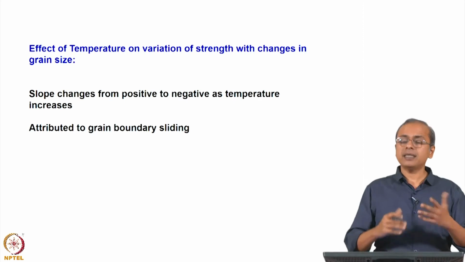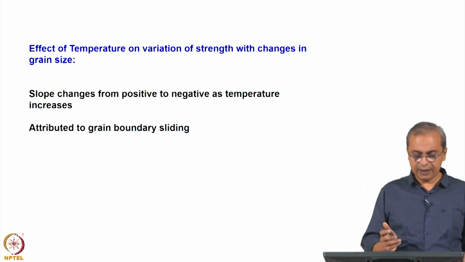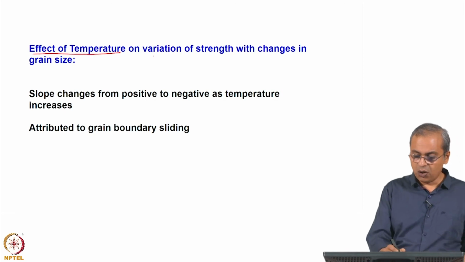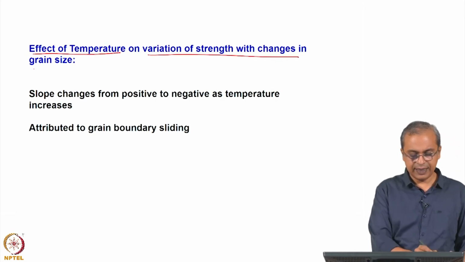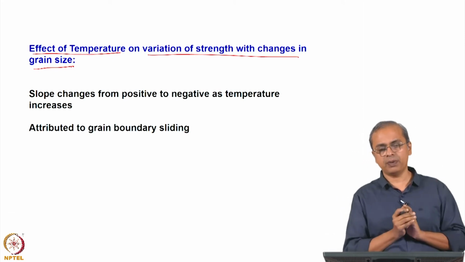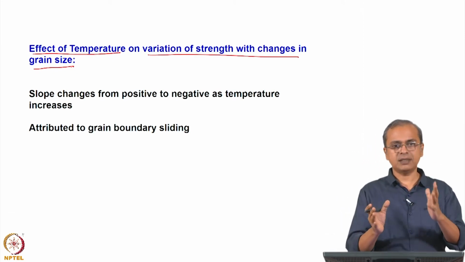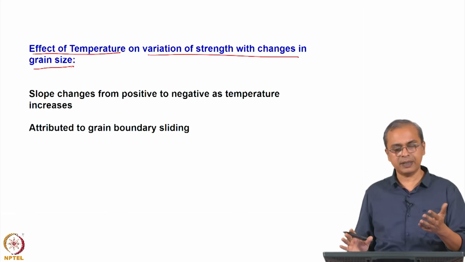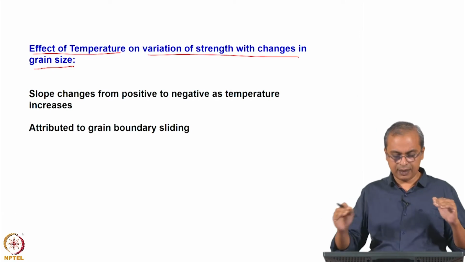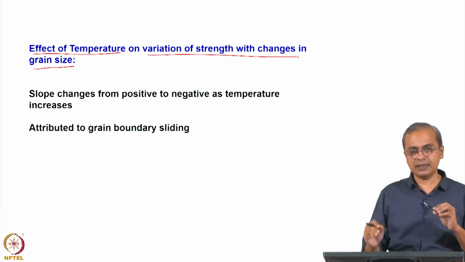Now, look at another variation, which people have also studied: the effect of temperature on the variation of strength with changes in grain size. Whereas previously we looked at a fixed grain size and simply raised or lowered the temperature, here you take a certain temperature and look at the variation of strength with grain size.